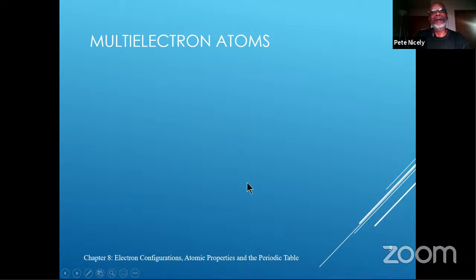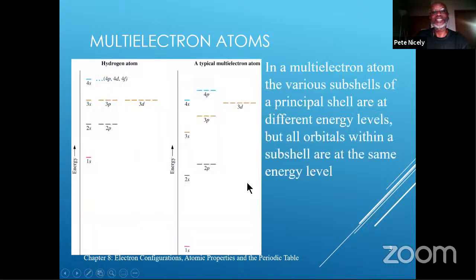Now, when you have a multi-electron atom, you're going to see that things are a bit more complicated. To show you this, we have these two side-by-side comparisons. This is the distribution of the energy levels within the hydrogen atom, and you have the typical multi-electron atom, right?